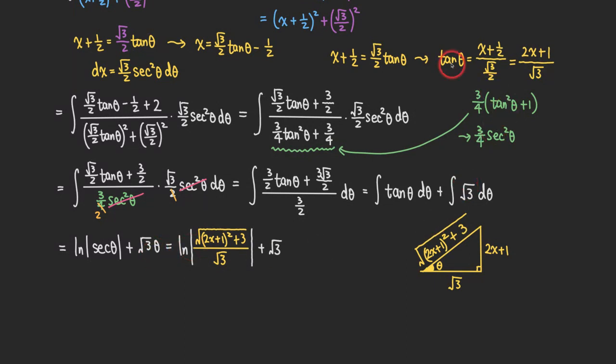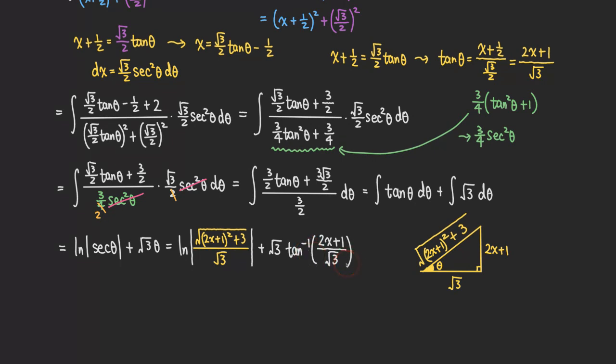And then you may say, what about the theta? The theta is really just the arctangent of this thing, so you're just going to get tangent inverse of (2x plus 1) over the square root of 3.